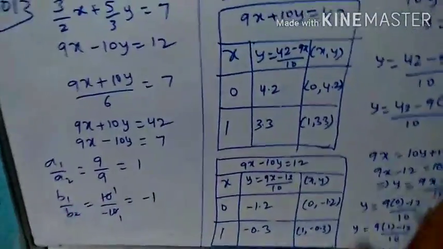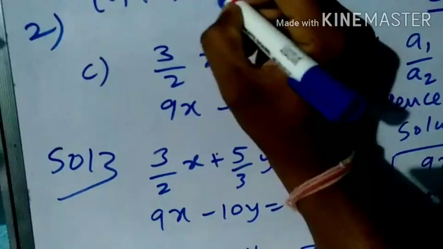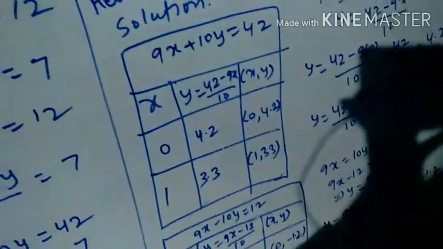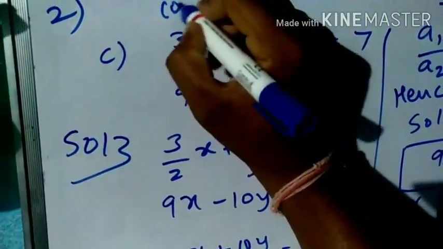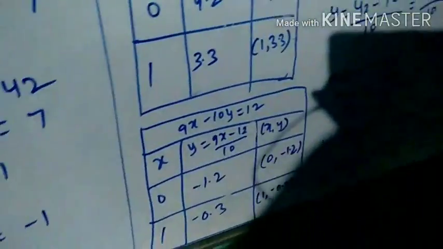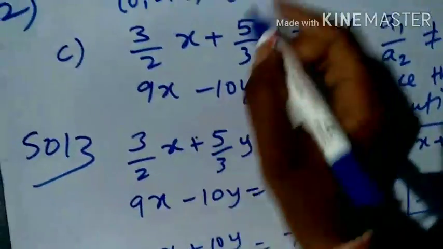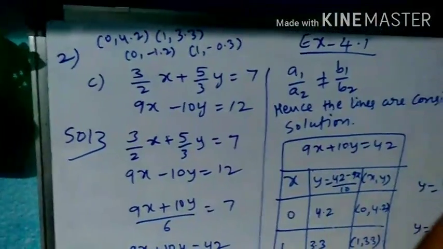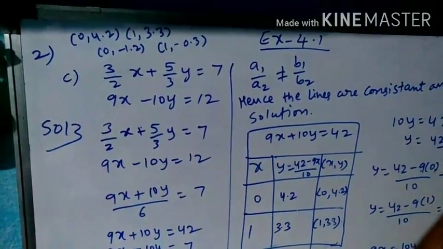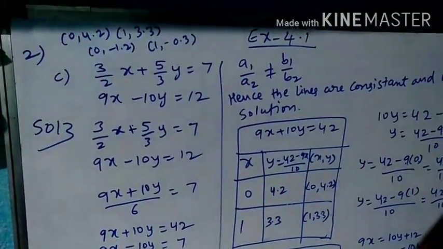Now I am noting these points: 0 comma 4.2, 1 comma 3.3, next 0 comma minus 1.2, 1 comma minus 0.3. By using these points, now I am drawing the graph for these lines.